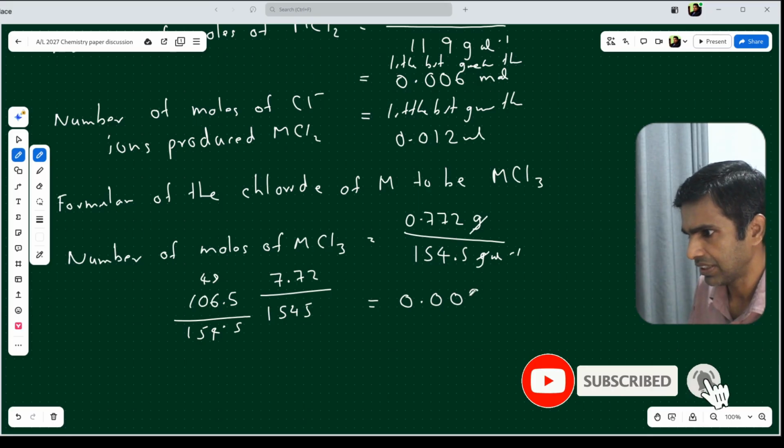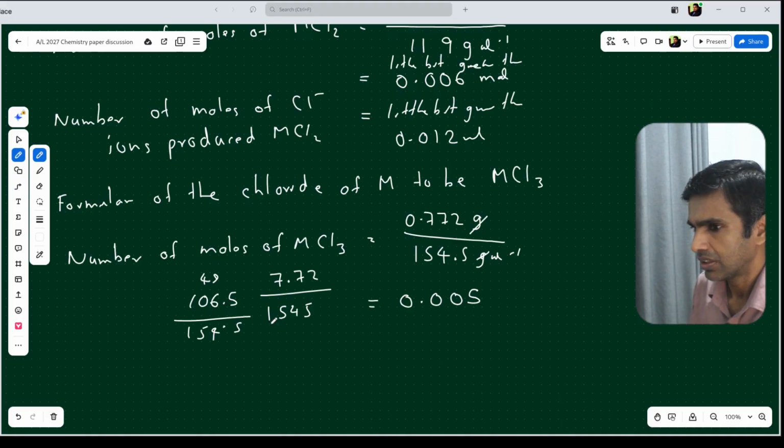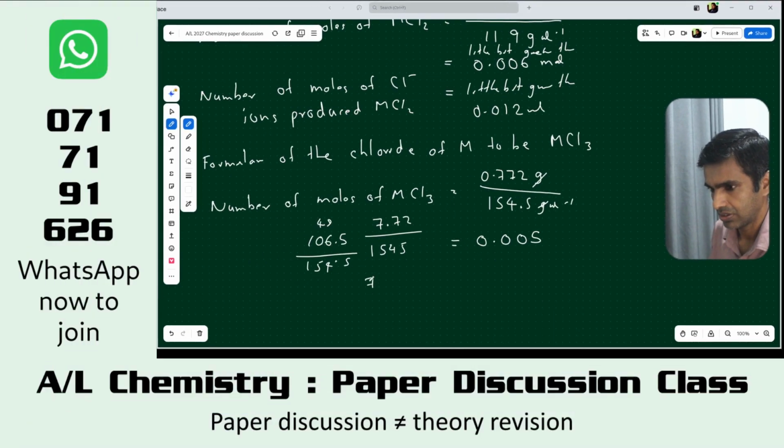So approximately 5. 5 times 1545 is 7500 plus 45 times 5, which is 225. So this is 7725, approximately 7720. So we can take the number of moles of MCl3 as 0.005 moles.